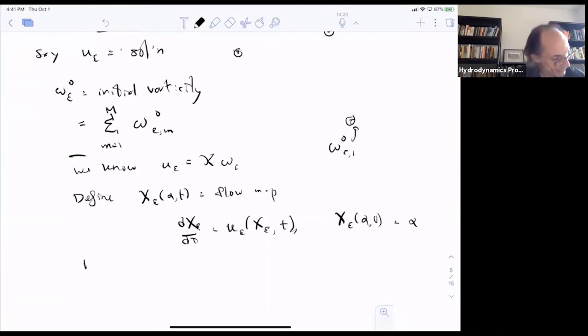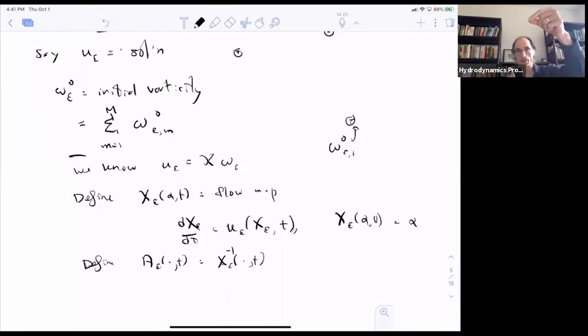So let me also define A epsilon of x and t to be the inverse of X epsilon at time t. Okay, and so X is the map that takes the initial position and carries us to the position at time t.